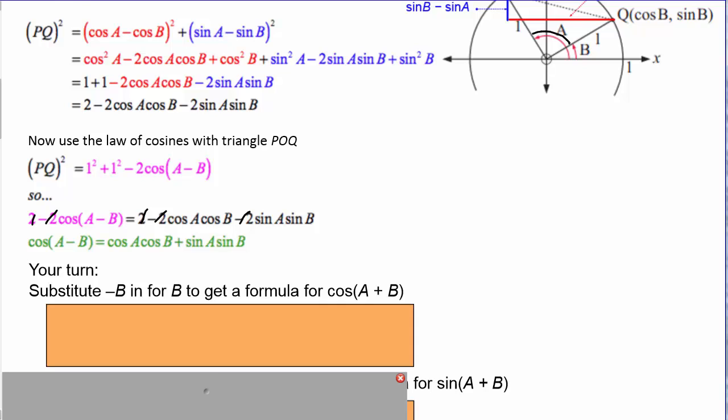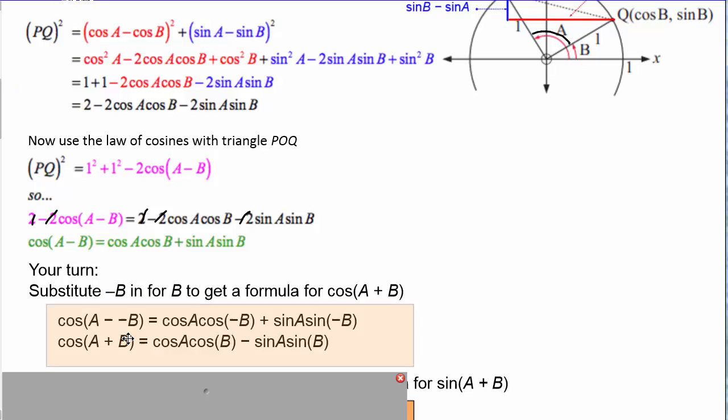Welcome back. Now hopefully what you saw is, well, it's all written under here, so I'm just going to show you. When you put cosine of A minus negative B, you get cosine A cosine negative B plus sine A sine minus B. And of course, A minus minus B is A plus B, and cosine of minus B is the same as cosine of B. The sine of minus B is the opposite of sine of B, so this plus sign from that minus becomes a minus, and this is sine A sine B. I don't really need the parentheses here, that's kind of overkill.